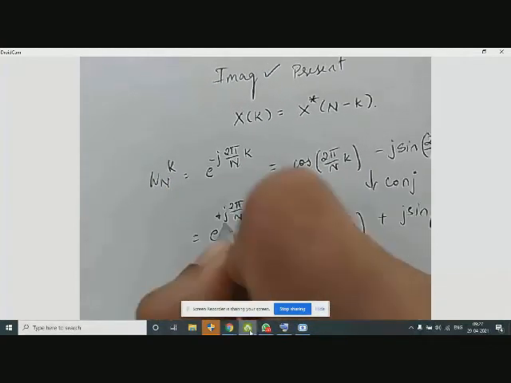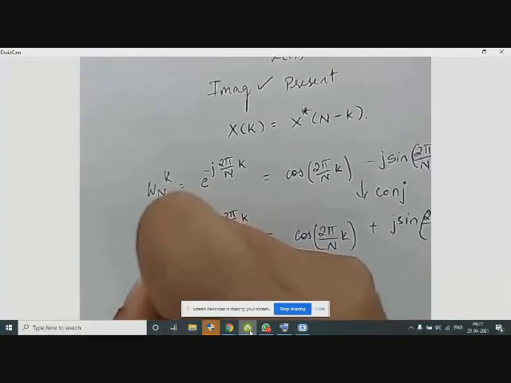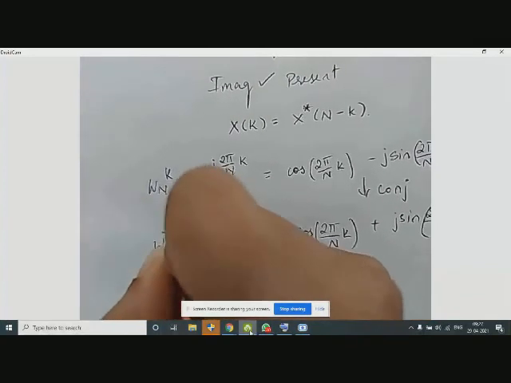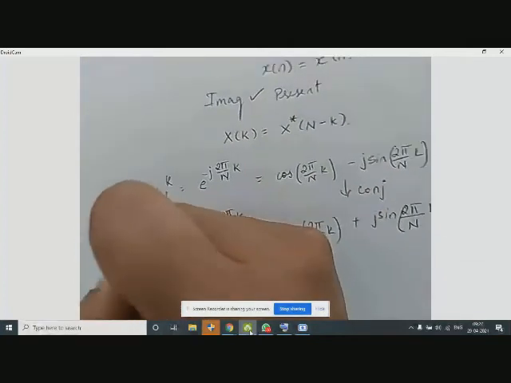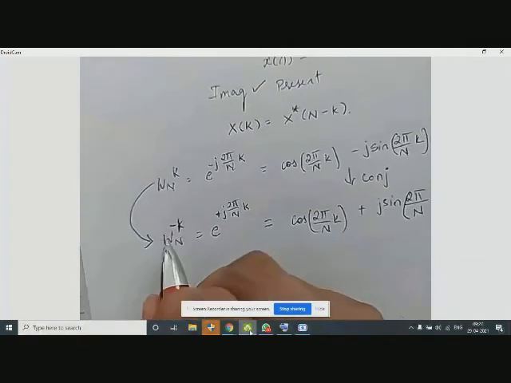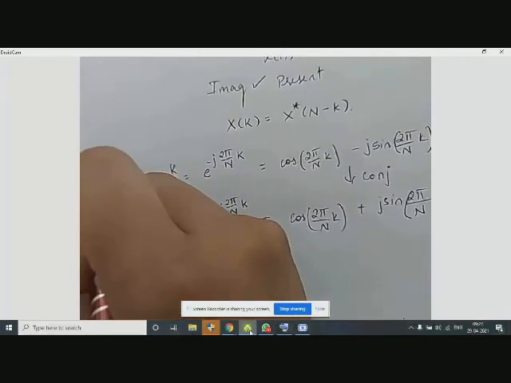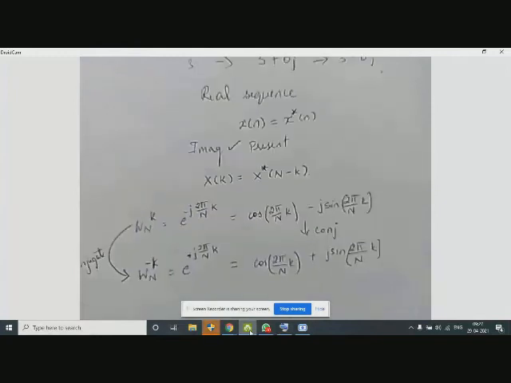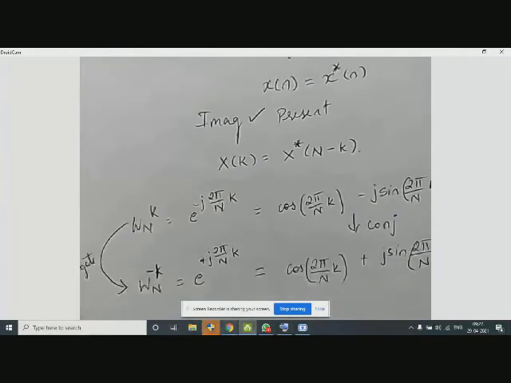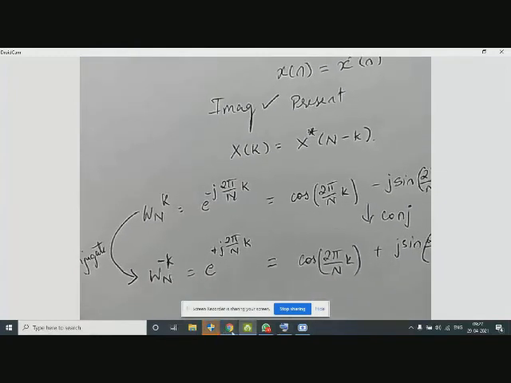But e power plus j 2 pi by N into k is WN power minus k. So can I say the conjugate of WN power k is WN power minus k? That's it. So having known this, we will look at this one expression.